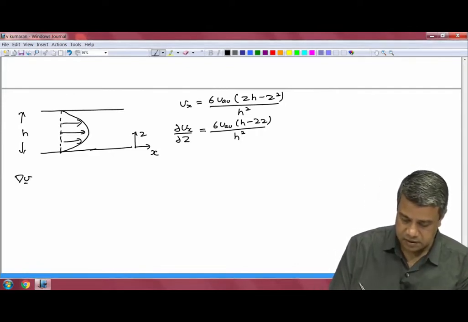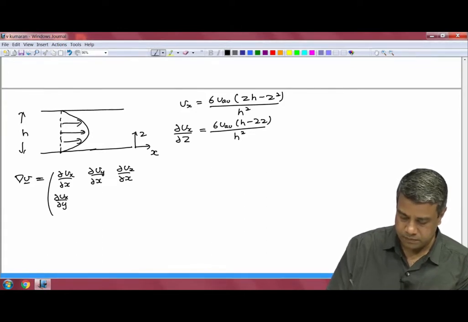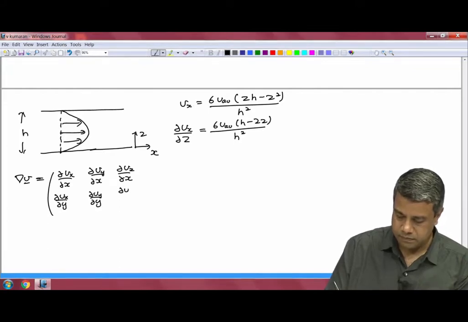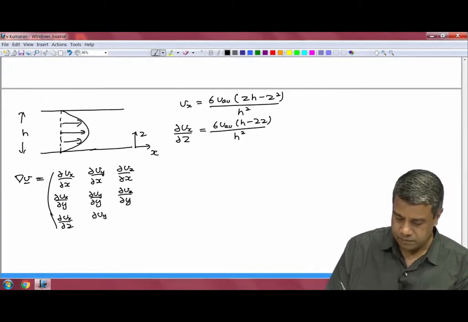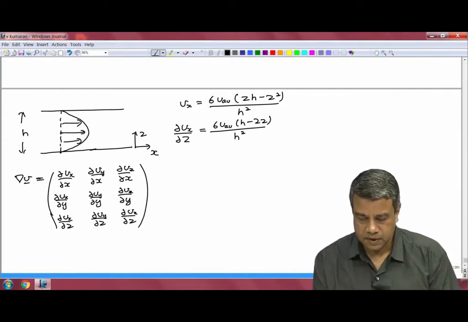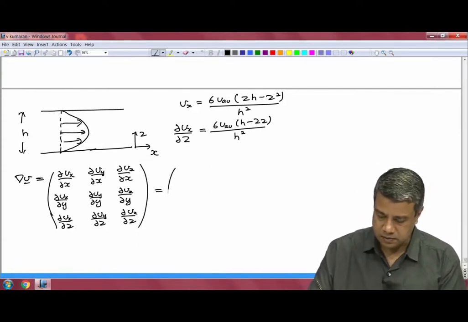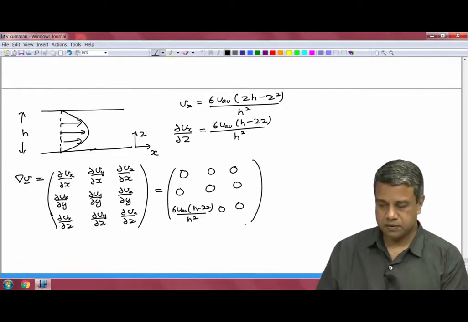Grad V is equal to, if you recall, it has only one non-zero element.